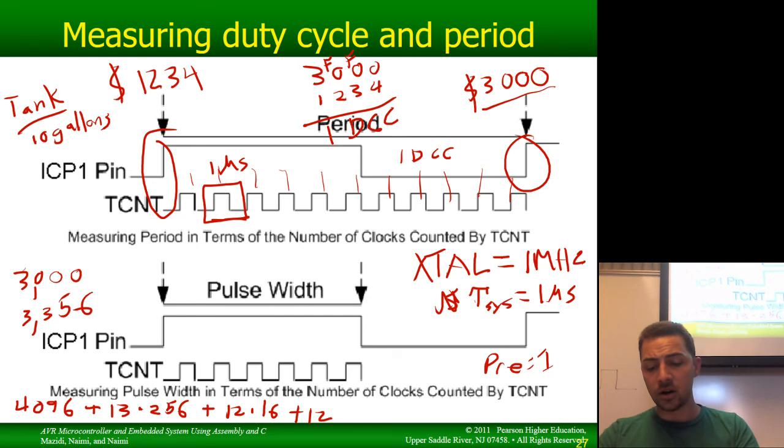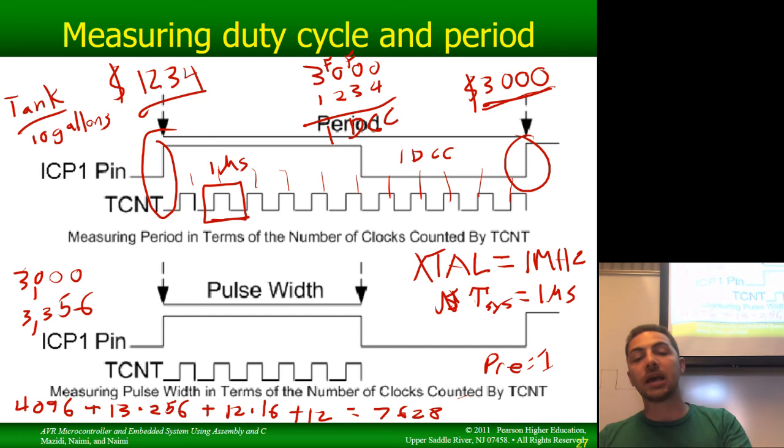Put that all together, 4,096 plus 13 times 256 plus 12 times 16 plus 12 gives me 7,628. So that tells me my period, if these are my two values that I've recorded, is 7,628 microseconds, roughly 7.6 milliseconds. That's how you measure it.